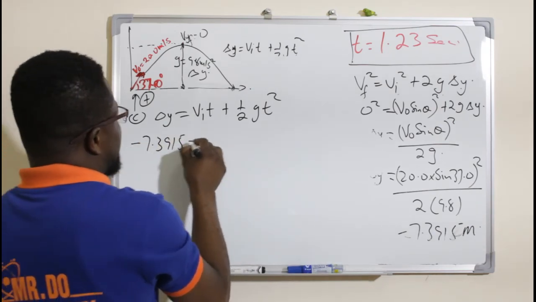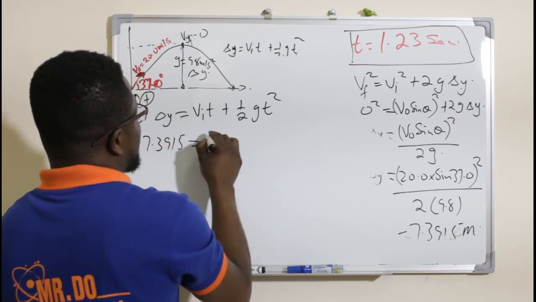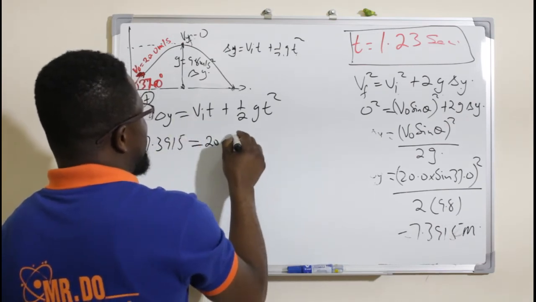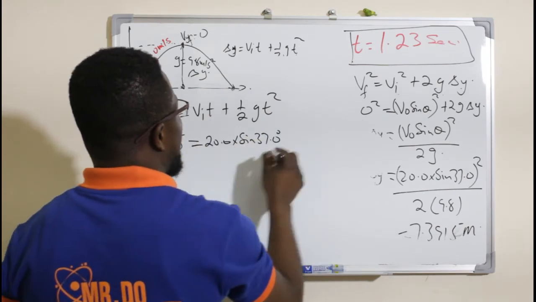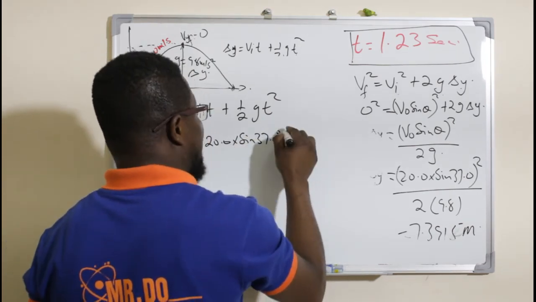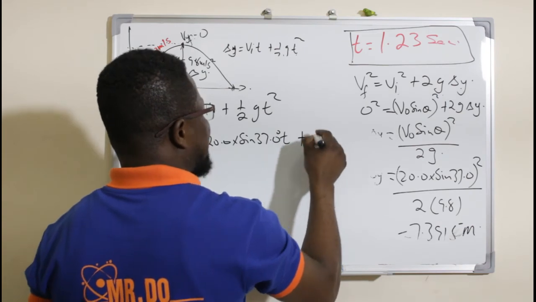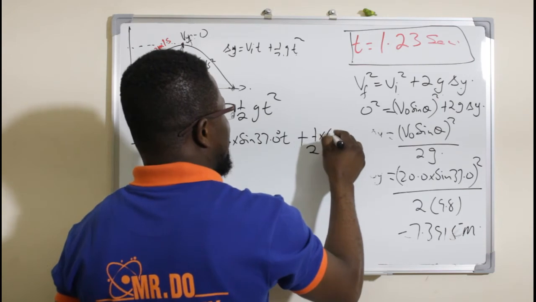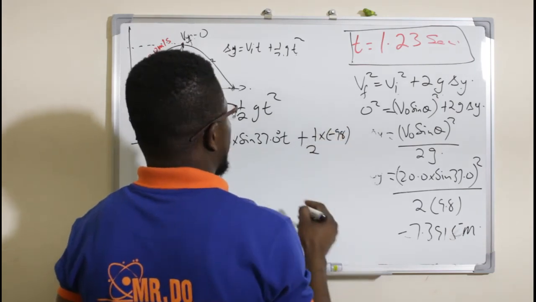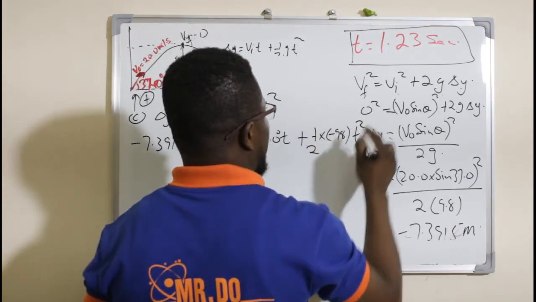So negative 7.3915 equals 20.0 multiplied by sine 37.0 degrees multiplied by the time, which is unknown to us, plus half multiplied by negative 9.8, multiplied by t squared.